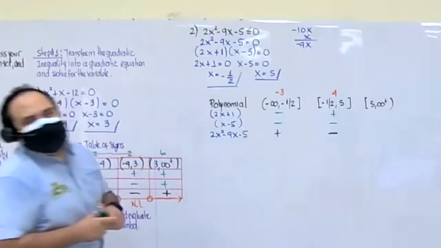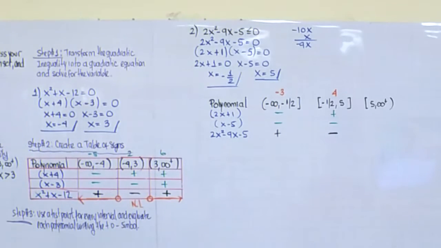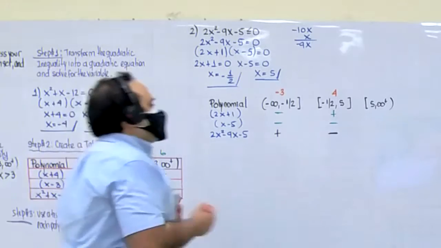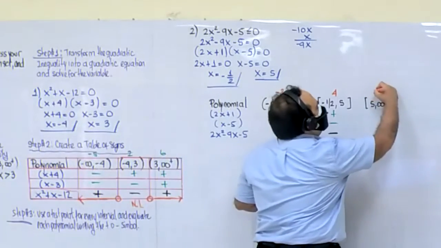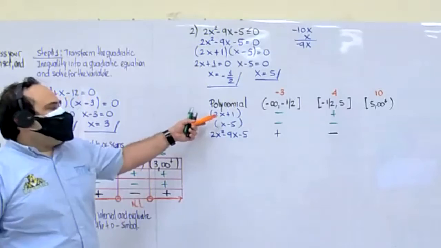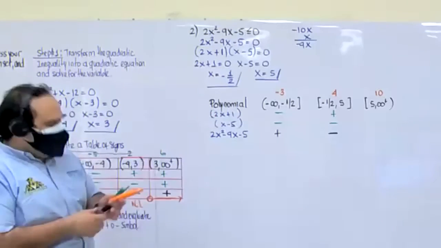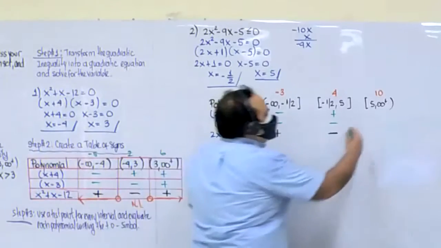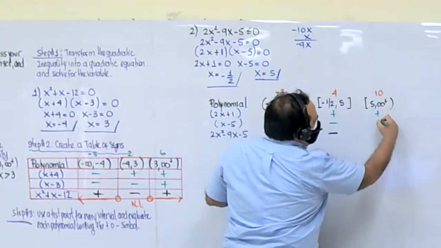And the last one, choose a random number between 5 until infinite positive. It could be 6, 7, 8, 9, 10. It doesn't matter. All right, 10. 2 times 10 is 20 plus 1, 21. It's positive. 10 minus 5 is positive 5.